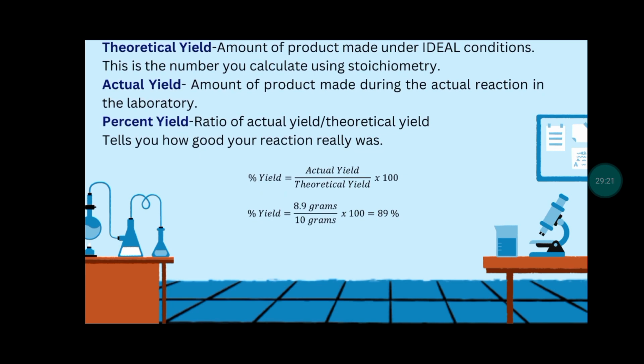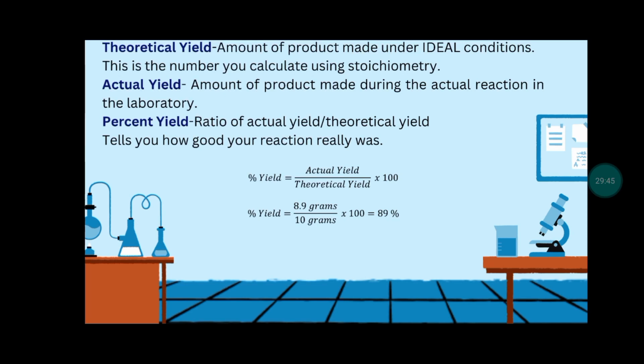Ayan. So, another real-life limitation of chemistry is that the amount of product we calculate that we should get is actually just the theoretical yield. Ibig sabihin, yung kino-compute natin ngayon, the stoichiometric calculation, yung mga nako-compute natin na product is just the theoretical yield.